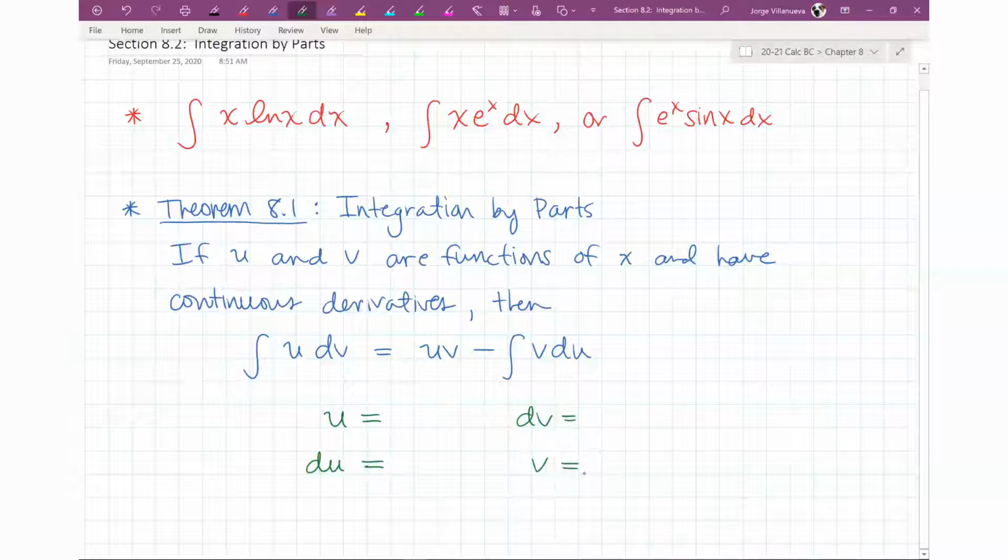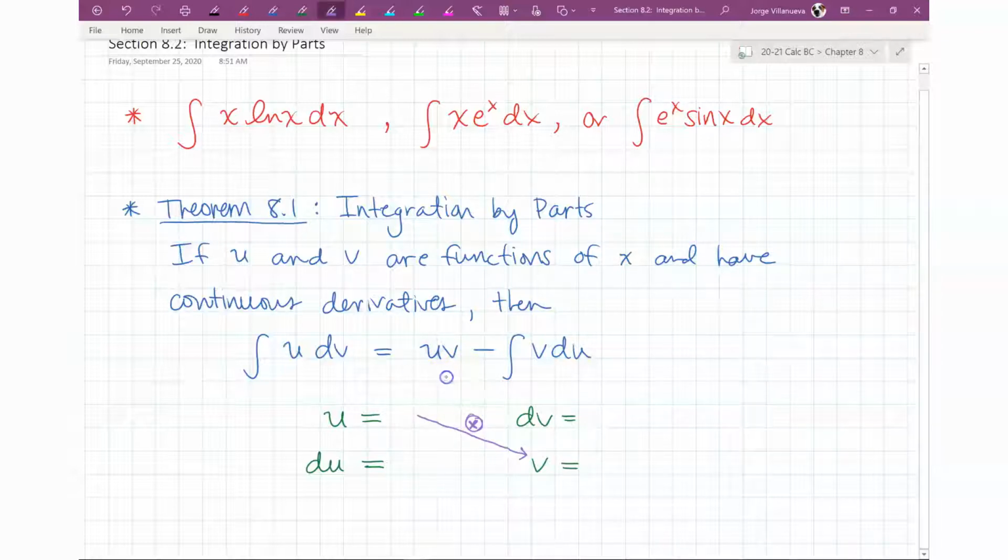And what we do is we end up choosing a function to be represented by u and a function to be represented by dv. And the way we do the steps is that we multiply this. Notice how the definition says u times v, right?